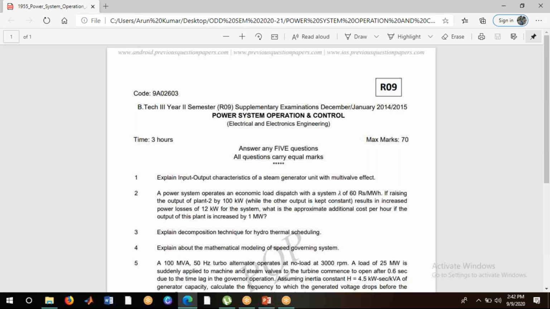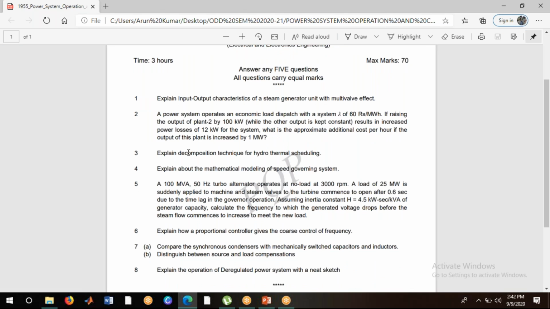Let's see in the previous question papers whether any problem is asked. So most probably they are asking only 3 questions. See here, the hydrothermal scheduling and mathematical model of fluid governing system. So we have to derive the block diagram for this question.